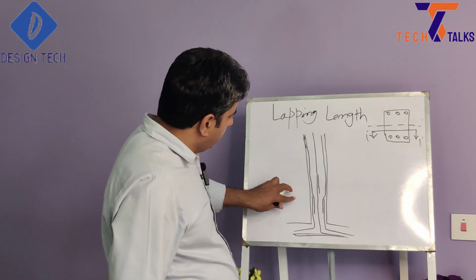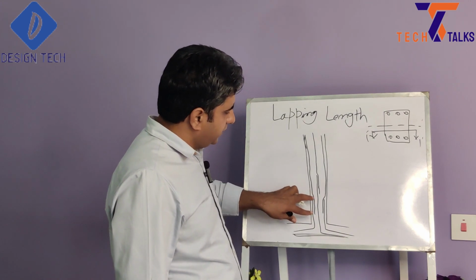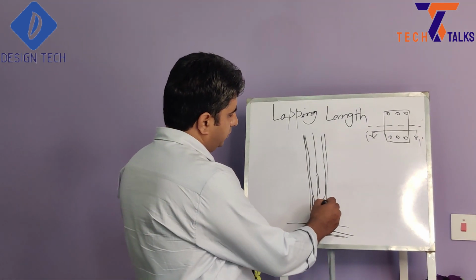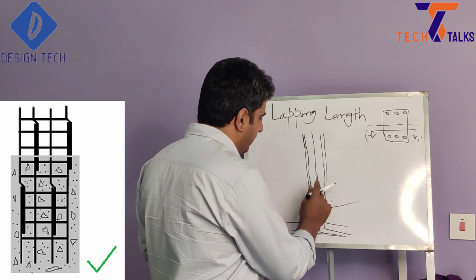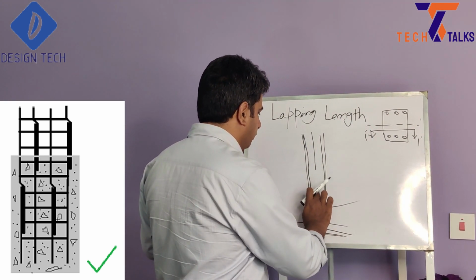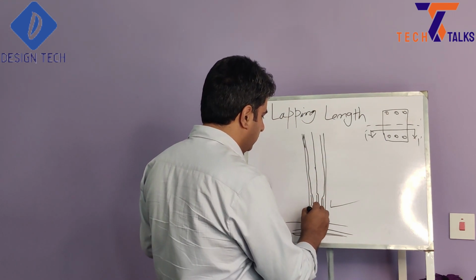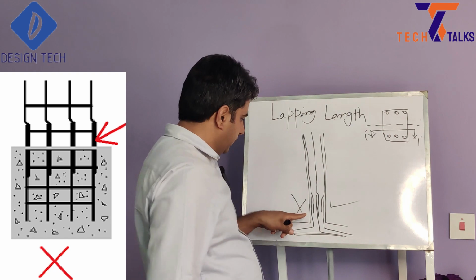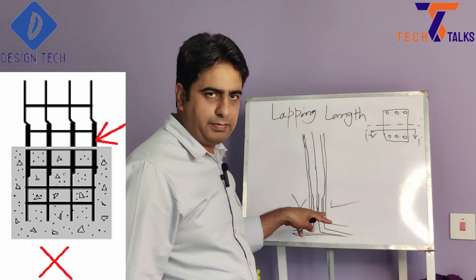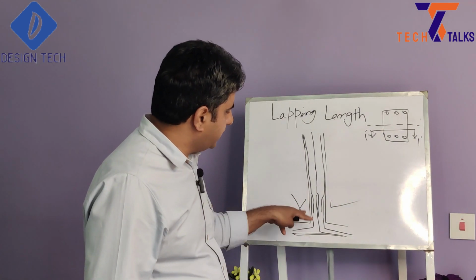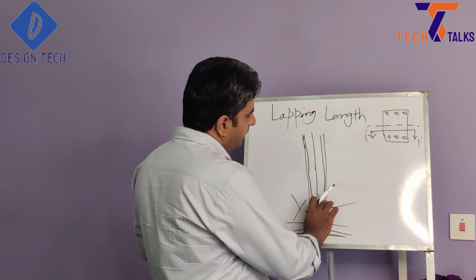So we should avoid keeping all lap arrangements in the same location. So this is the correct way. If we have the same lap length again at the same location, this is the wrong way, because all lap lengths are coming in the same arrangement, and this is the weakest point of any structural element.